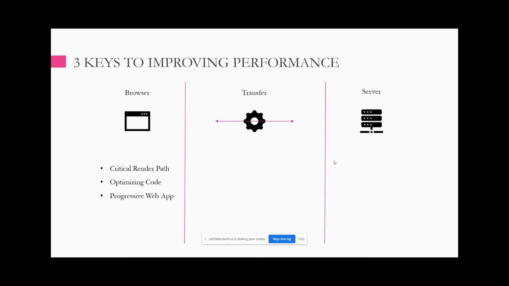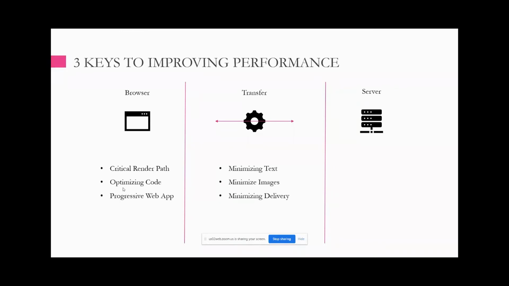And then we can do some code optimization, maybe some code splitting. And there are other newer concepts like progressive web apps. This depends on your particular case. You might not be doing any of these, but it depends on the case a lot of the time. Again, there are many ways.